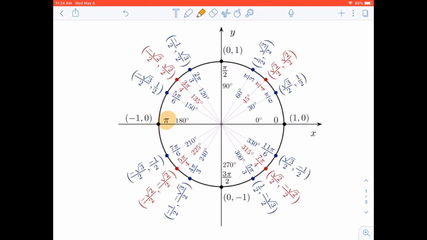And if we go a step further, half of a half, or 90 degrees, is equal to pi over 2, because that's a quarter of a circle, or half of our half circle. And then if I take pi over 2 and add pi to it, that takes me to 3 pi over 2, which is where that value comes from.